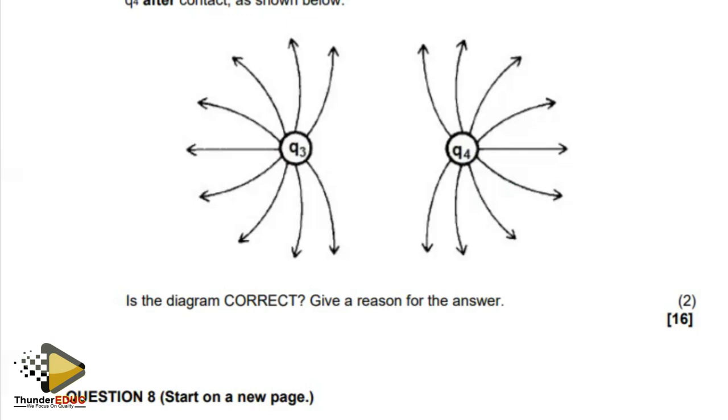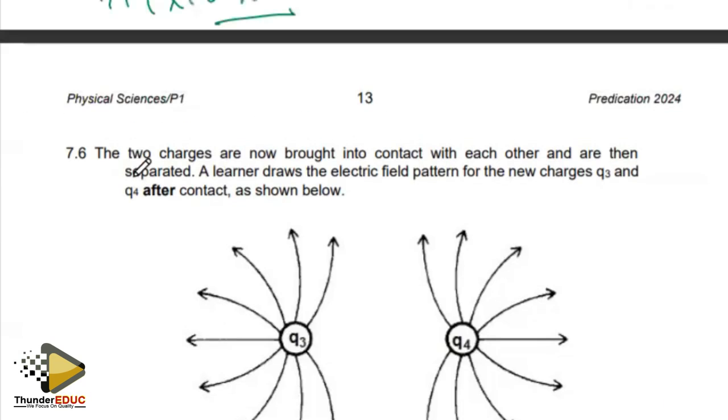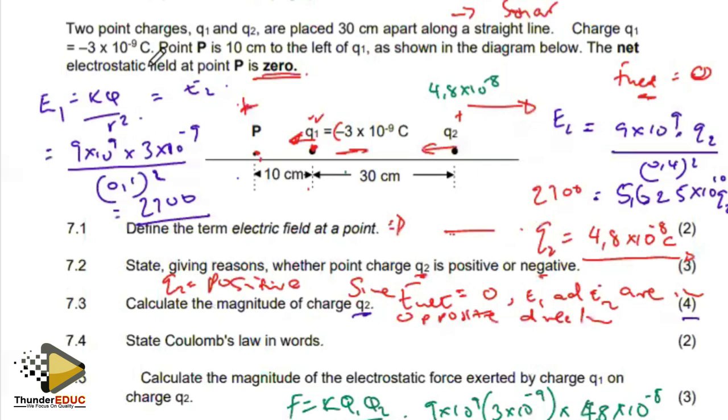The two charges are now brought into contact. So is it still connected to this? Yes. This is a negative 3. This is a positive 4.8. So if you combine this, let me just be sure. 4.8 times 10 to the negative 8, I'm saying plus negative 3 times 10 to the negative 9.